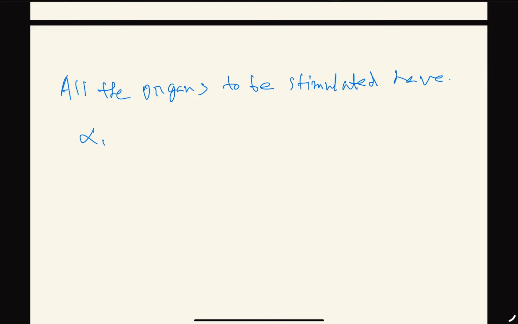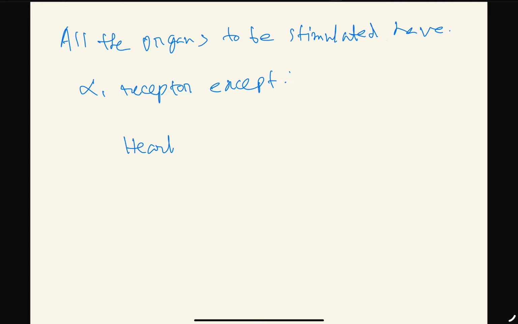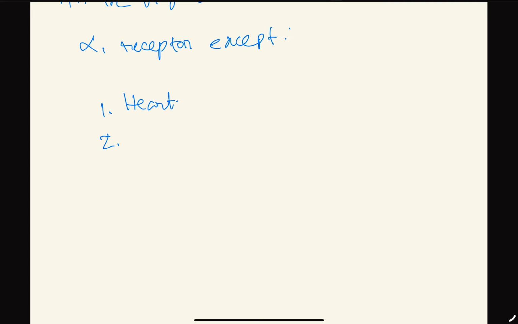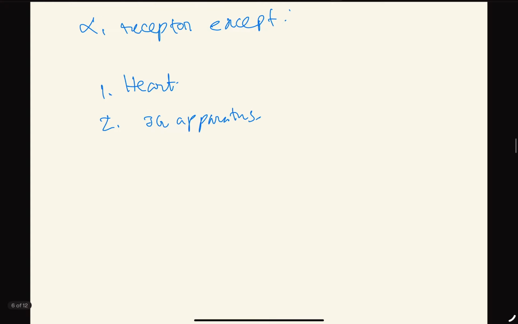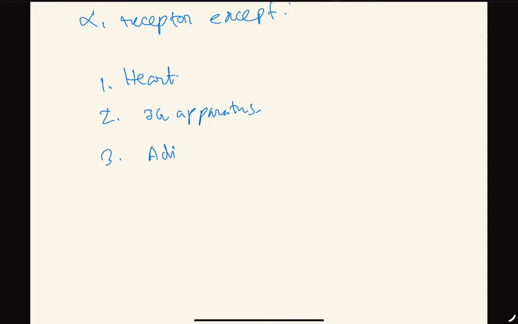So all the organs to be stimulated have alpha 1 receptor, except the heart, juxtaglomerular apparatus, and adipocyte, which have beta 1 receptor.